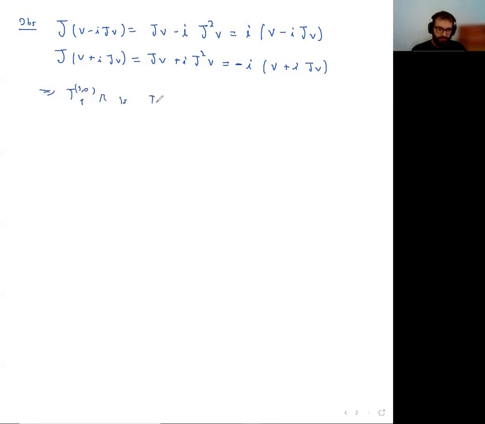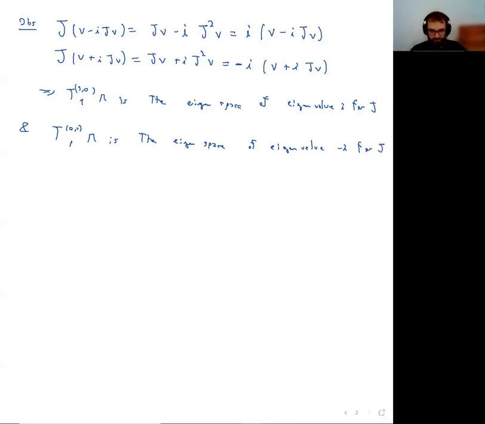So in principle, what we're saying is that T^{1,0}_pM is the eigenspace of eigenvalue i for J, and T^{0,1}_pM is the eigenspace of eigenvalue negative i for J. So they have some kind of intrinsic meaning.